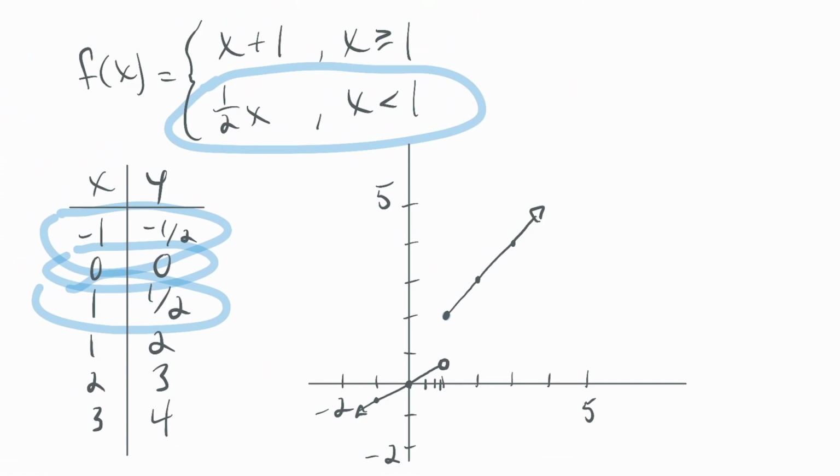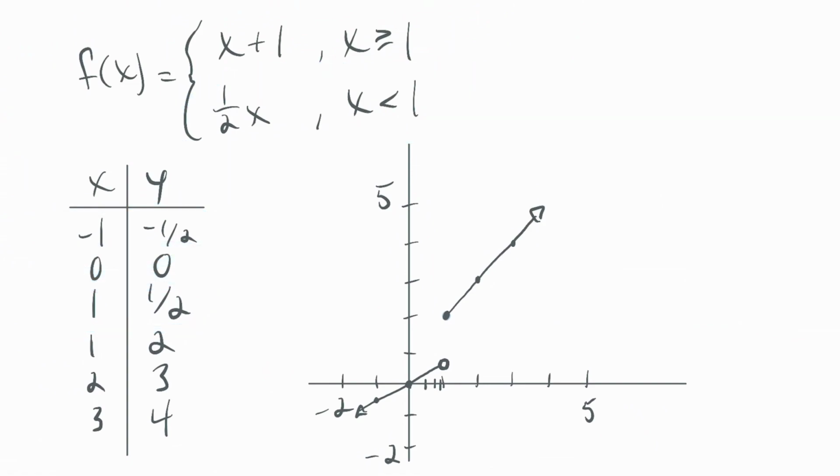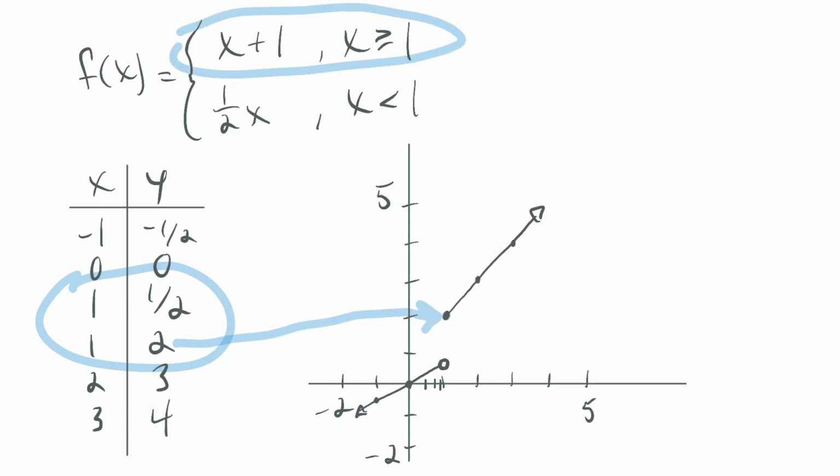So what I'm going to do in the future when I plan this out, instead of, I was being a little cryptic here. It wasn't clear what was happening, but hopefully now that you see the result, this one produces the solid circle because we're using this formula where we are using x plus 1 when x is equal to 1.